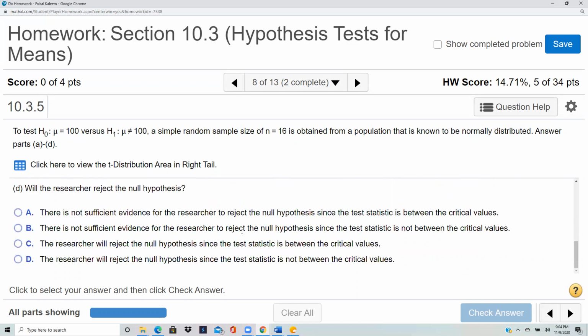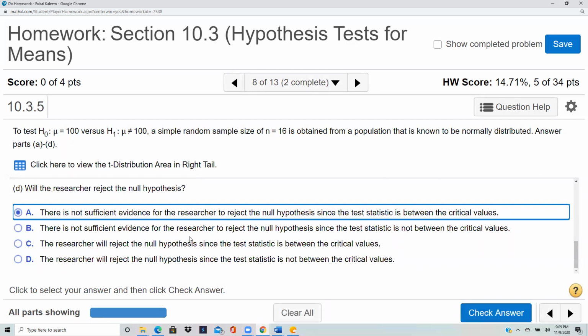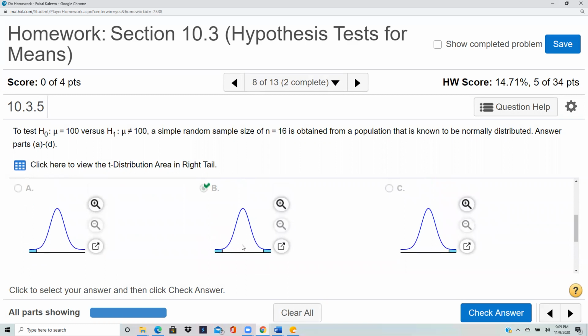There is not sufficient evidence to reject, since the test statistic is between the critical values. It is not in the rejection region.